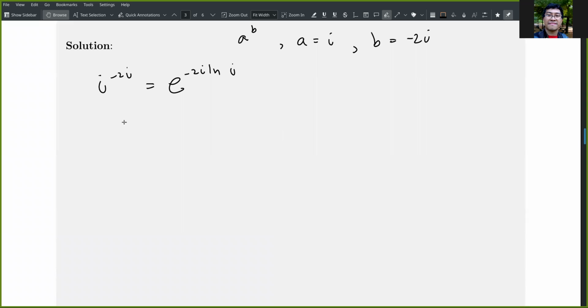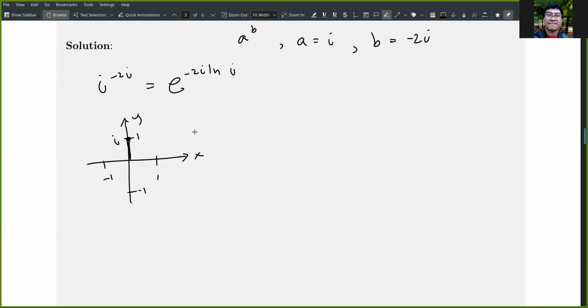So if you look at the complex plane xy, 1, 1, minus 1, minus 1. So this is our point i, okay, with magnitude 1.